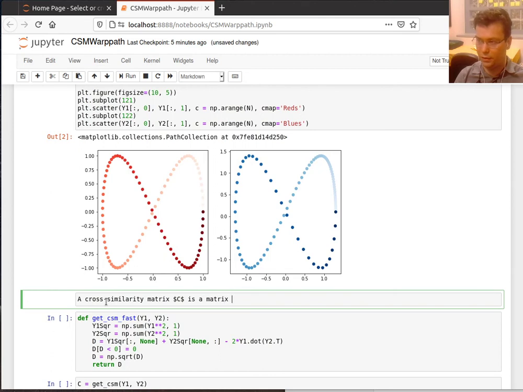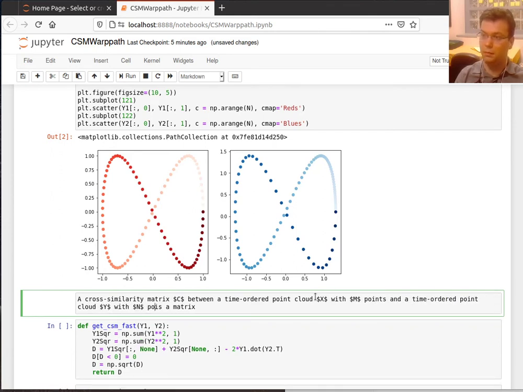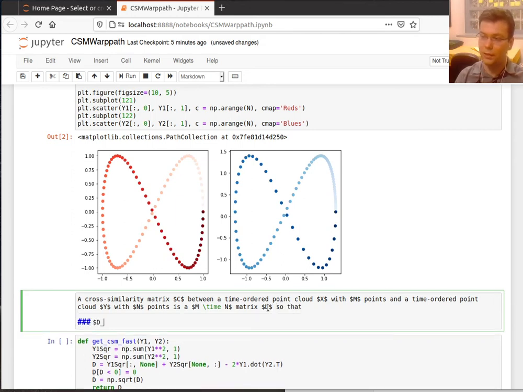A cross-similarity matrix C on a time-ordered point cloud, or between a time-ordered point cloud X with M points and a time-ordered point cloud Y with N points, is an M by N matrix, or I guess I'll call it D, so that D_ij is equal to the distance between X_i and Y_j. Okay, this is what this means.